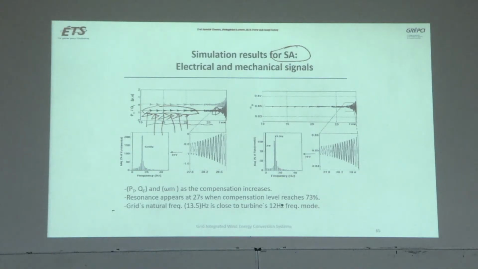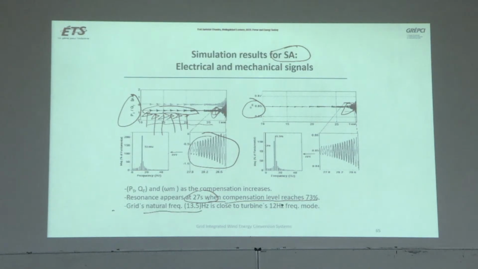But at this point, 27 seconds, this is the active power and reactive power, this is the turbine speed. At both places you can see at 27 seconds, when compensation level reached 73% series compensation, because we were worried about series compensation, we slowly increased it. So you see, resonance took place.